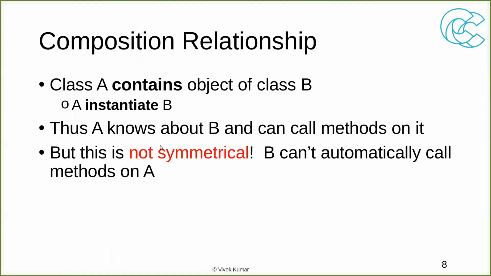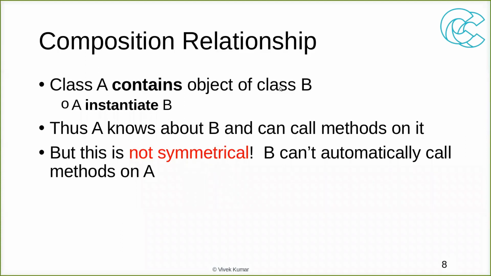So we'll start with the containership, sorry, composition, which is also the containership. So let's say there are two classes, class A and class B, and then there are these corresponding objects of the class. Let's say class A has A1 and B has B1.